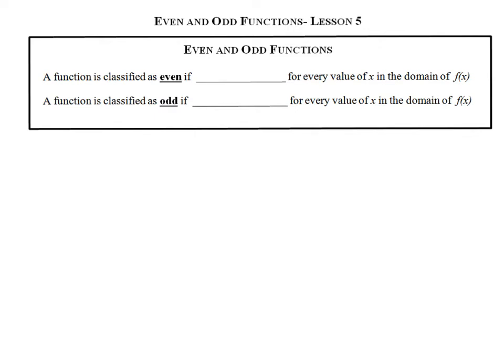So let's start out with our definition of an even function. A function is classified as even if, when I find the function value at negative x, it turns out to be exactly the same function value as f of x. So f of negative x is equal to f of x. And that has to happen for every value of x in the domain for the function to be even.